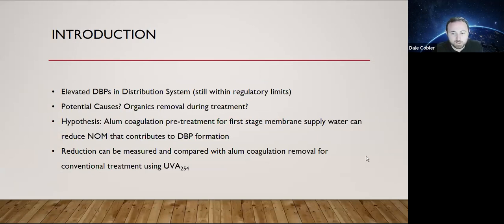UVA 254 data needed to be collected throughout the water plant to better understand the efficiency of the NOM removal and where opportunities might exist to improve coagulation. The hypothesis was that the organics in the first stage UF membrane system supply water could be reduced by introducing optimized aluminum sulfate coagulation as a pretreatment.